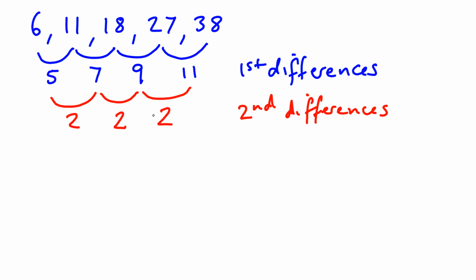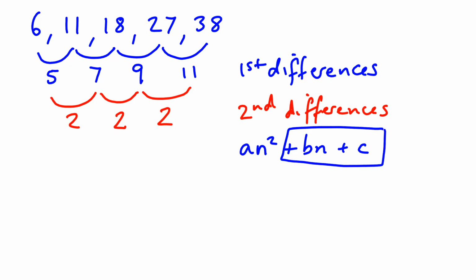So we know there's going to be a squared term in there. Quadratic sequences are going to be of the form, the nth term is going to be of the form n squared plus bn plus c. Now the bn plus c is linear.